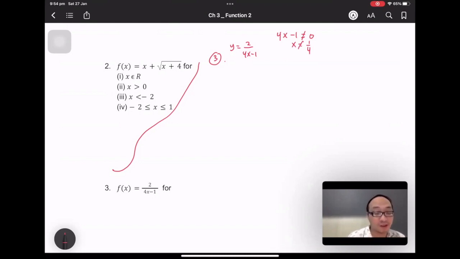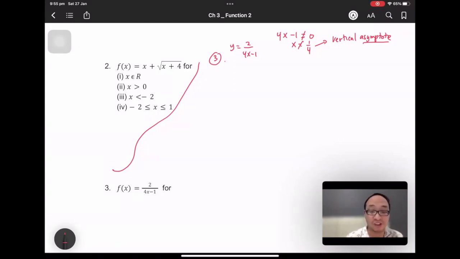Now, this equation is called the vertical asymptote. A reciprocal function has two asymptotes, a vertical asymptote and a horizontal asymptote. What is an asymptote? An asymptote is a line that the curve never passes through.